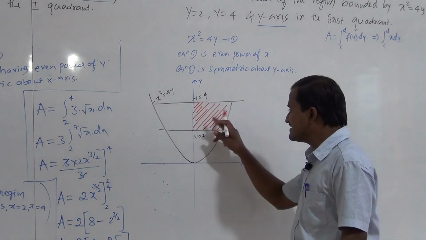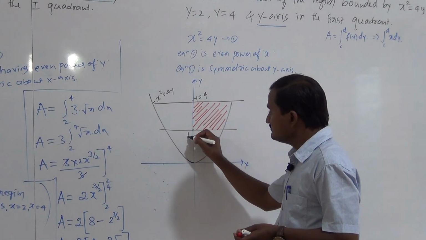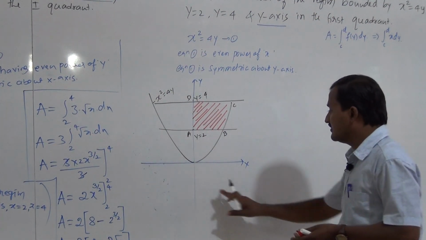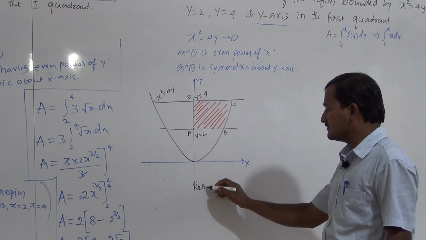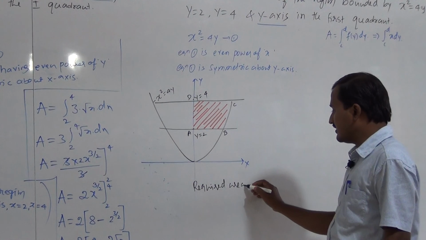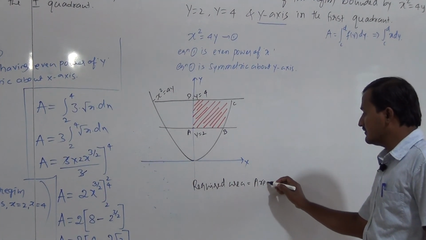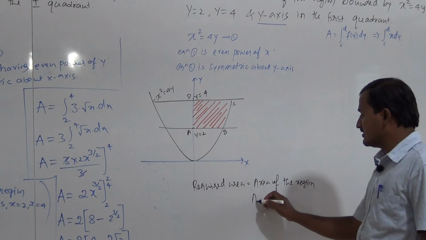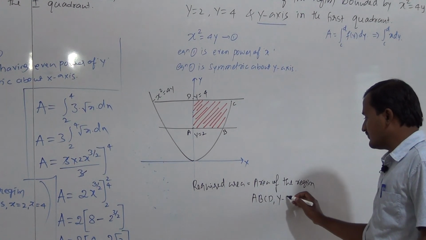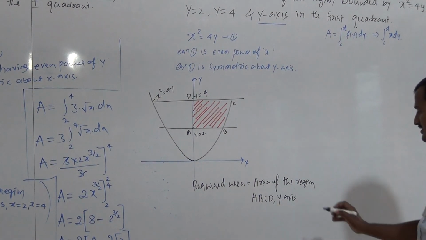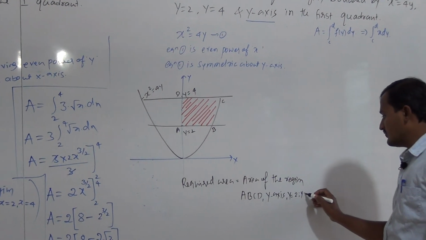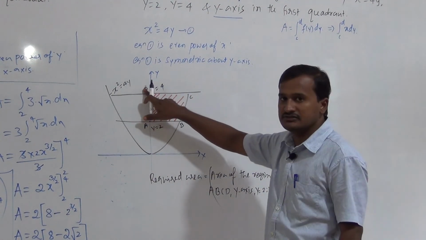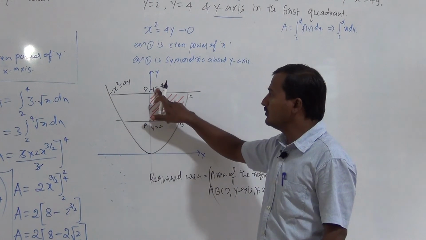So again to find this area I will take the points A, B, C, D. Therefore here I will write the required area that is equal to the area of the region A, B, C, D, which lies on the y axis, with the lines y equal to 2 and y equal to 4. So this area A, B, C, D I have to find, and it is from y equals 2 to 4.